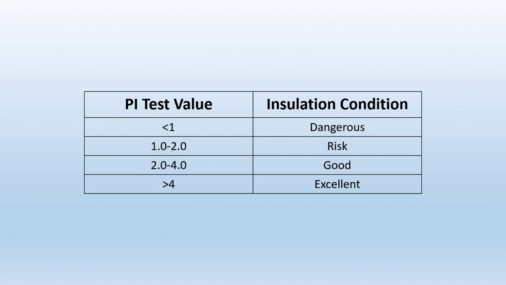Then 1 to 2: if the result is between 1 and 2, it is risky, and it is not good to use this equipment. We will check it again. If the result is between 2 and 4, then it will be good. We can connect this equipment and we can use it. If the result is more than 4, it is excellent, and this result will be very good.